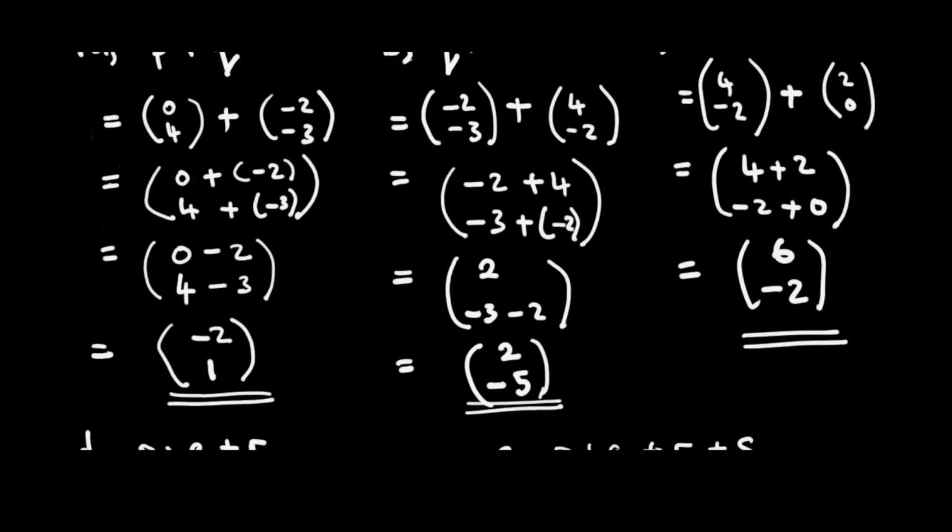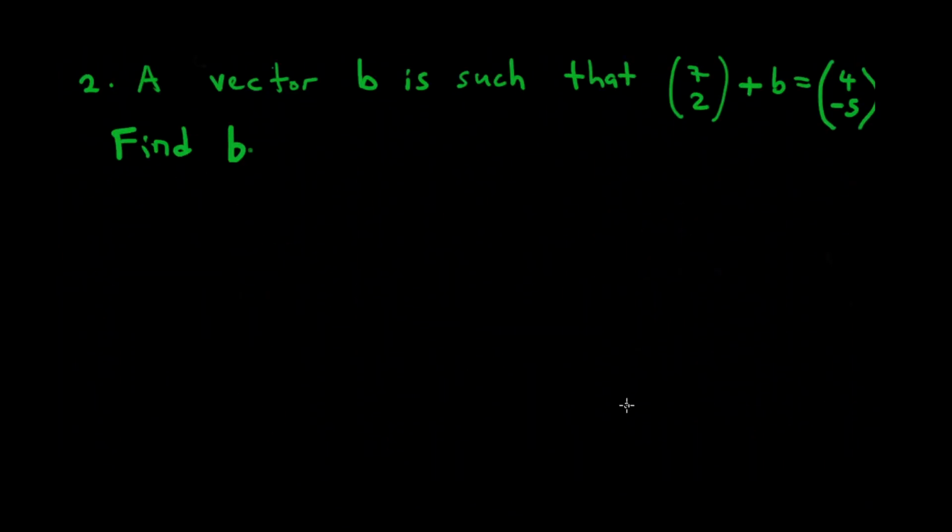So ndozvatanga tichiita panapa. Question number 2, takaudzwa isusu kuti a vector b is such that 7 2 plus b is equal to 4 minus 5. Find b. Saka takapiwa equation iyi iri kuti iyo 7 2 yobva yati plus b is equal to yobva yati 4 minus 5. Saka tanzi titsvage b.